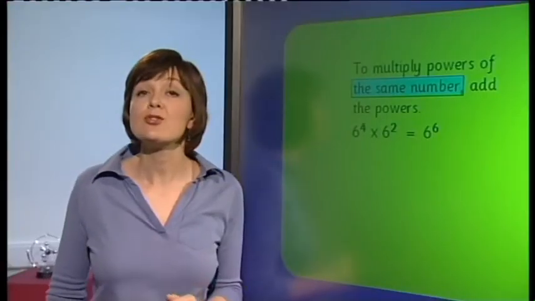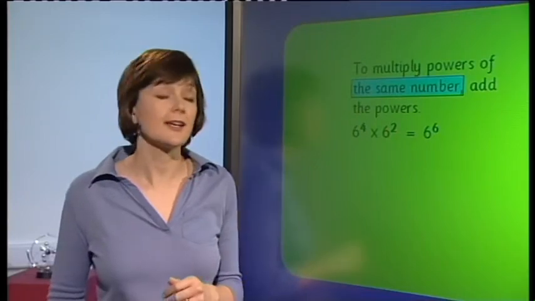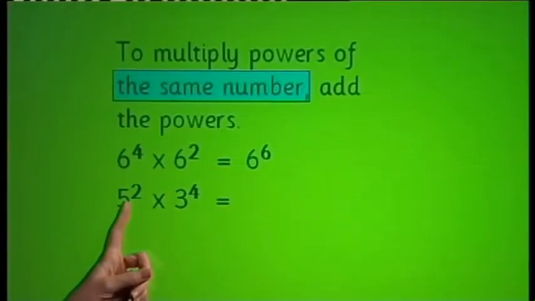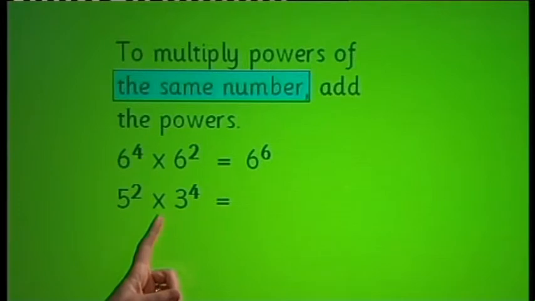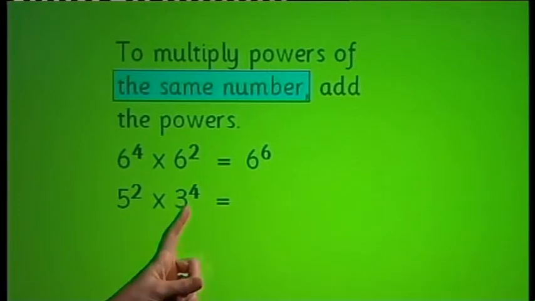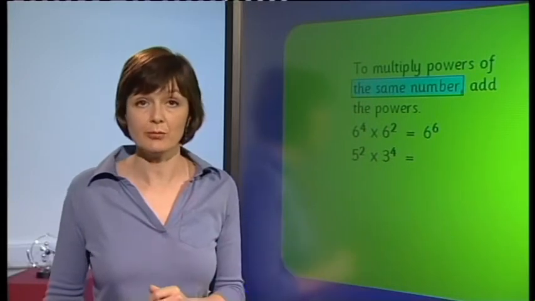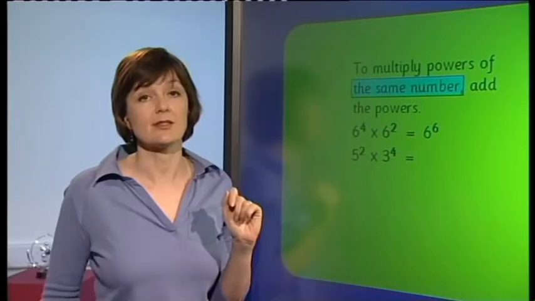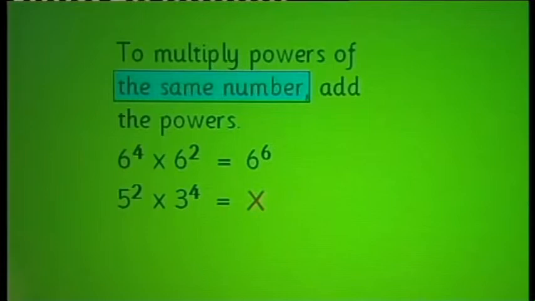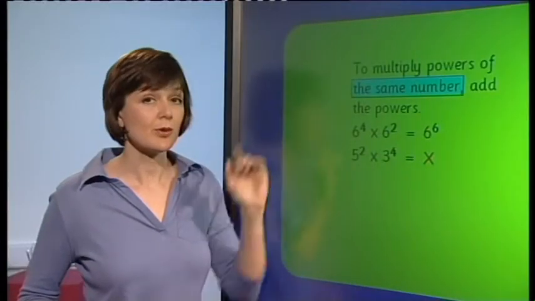But this rule is no good for a sum like 5 to the power 2 times 3 to the power 4. Well, of course, you can work out what this comes to, but this rule is no help. Because this is the number 5 to the power of something, and this is the number 3 to the power of something. So this rule doesn't work here.